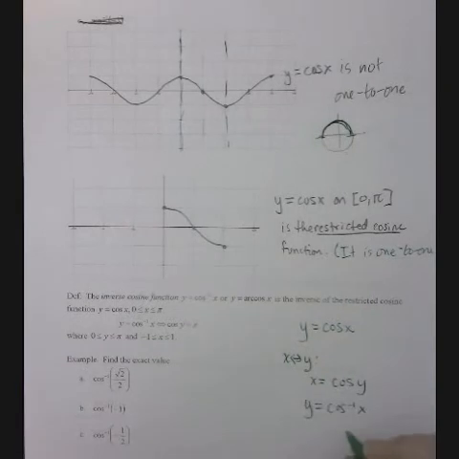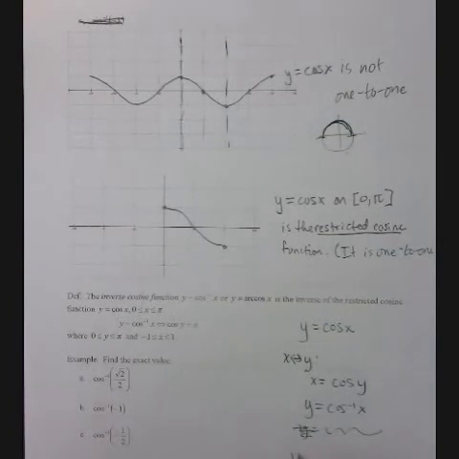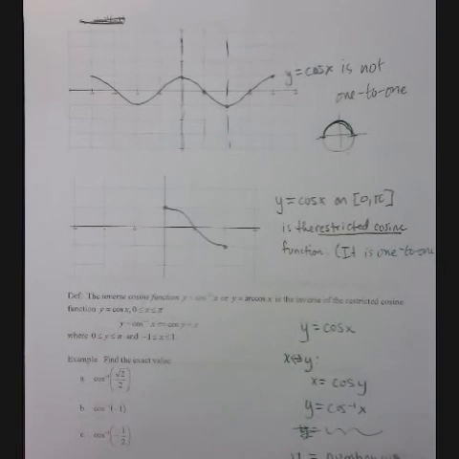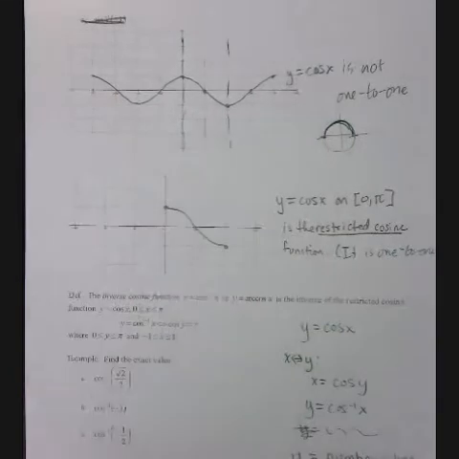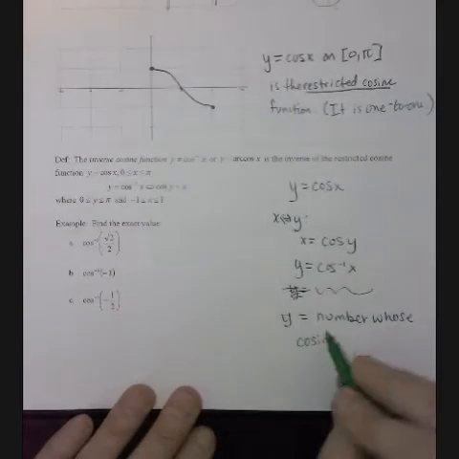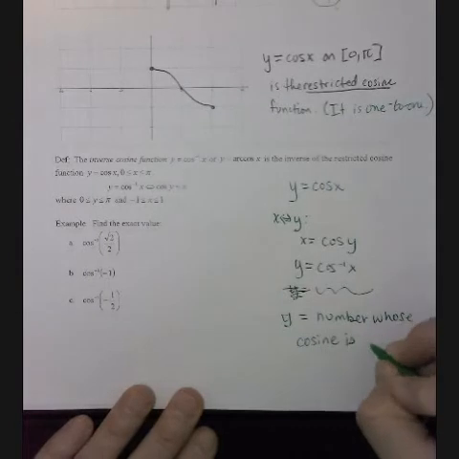So y equals the, sorry, I should put that down here. Y equals the number whose cosine, that's not the best grammar, but hopefully you get the idea. The number whose cosine is x.